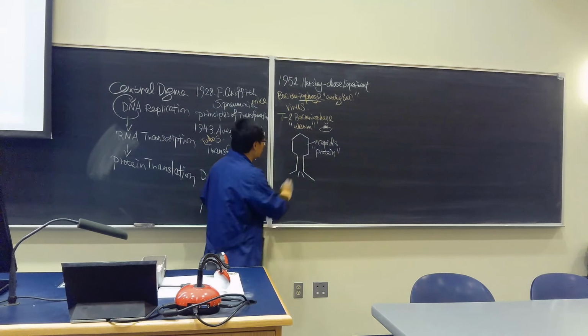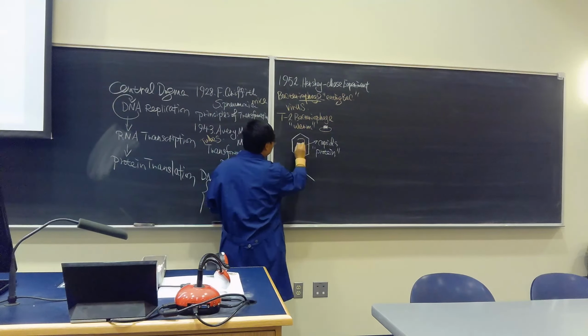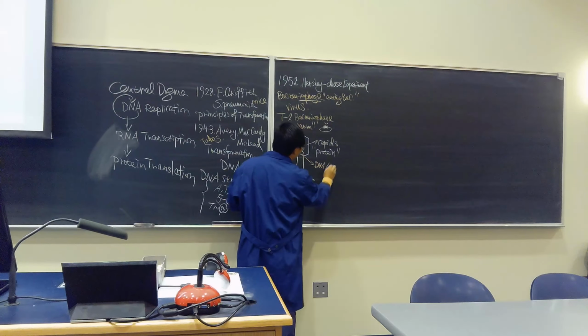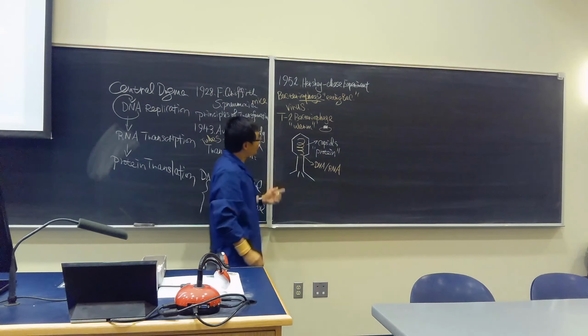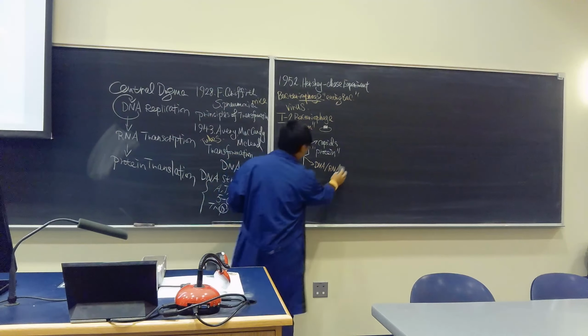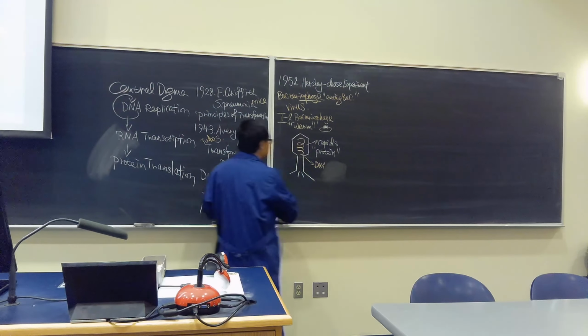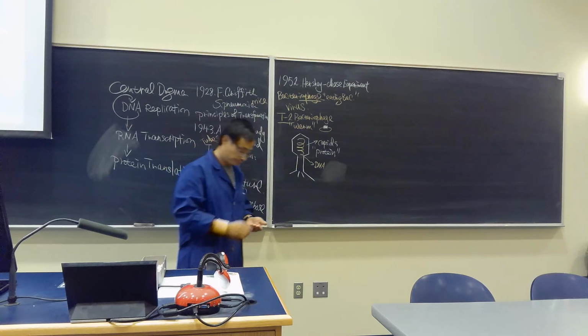And inside, you will see there is genetic information. There could be either DNA or RNA, but never both. And luckily, this T2 phage is a DNA phage, which means its center is DNA.